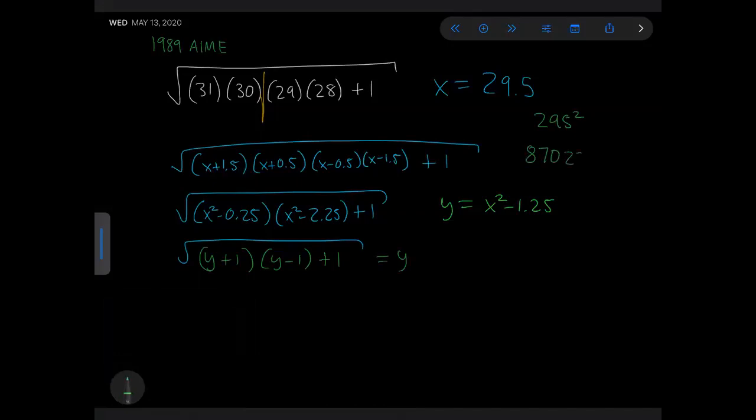We're dividing by 100, so 870.25. So y is equal to 870.25 minus 1.25. So the answer is y equals 869. And that is our answer.